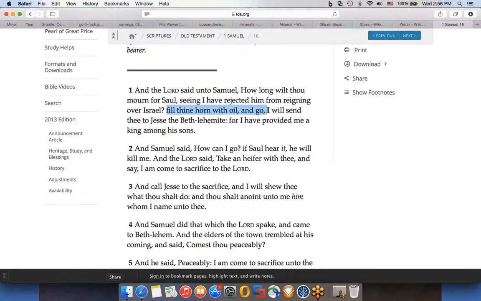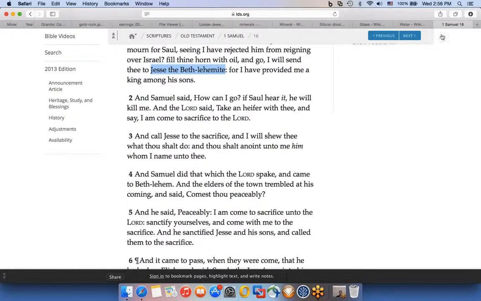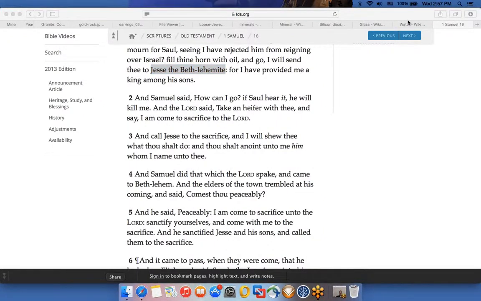Fill thine horn with oil and go. I will send thee to Jesse the Bethlehemite, for I have provided me a king among his sons." So the Lord tells Samuel, go to the house of Jesse in Bethlehem, and I'm going to tell you that one of his sons is going to be the king.